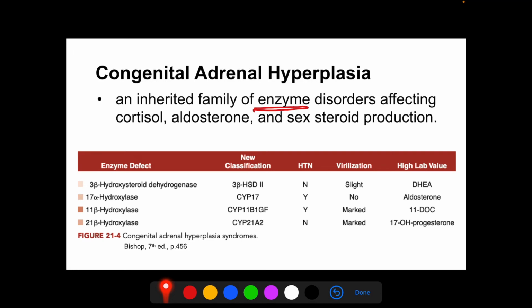The 21-hydroxylase, so it's a hydroxylase family. Again, it's considered the most clinically important group of enzymes because 95% of cases are a result of 21-hydroxylase deficiency. So that now causes the 17-hydroxyprogesterone and androgen to be increased. So this will increase, so that's why high lab values, and there is a decreased cortisol because it's adrenal hyperplasia.